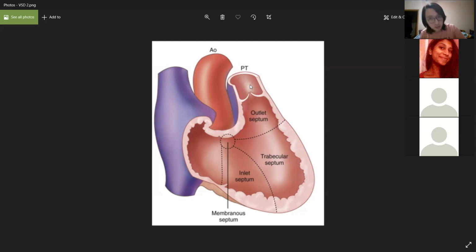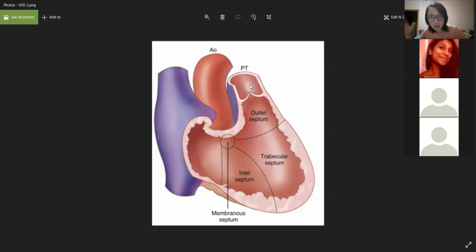I would like to throw this out right here, what I'm going to talk about next. It's one of the criteria to decide whether surgical intervention is necessary or not. It's called Fick's equation, F-I-C-K. It involves a little bit of math and some formula.